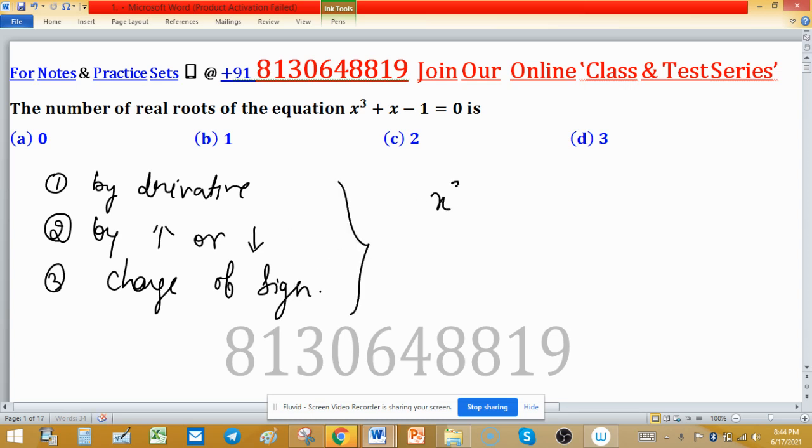So this equation is x cube plus x minus 1 equal to 0. Now the derivative of this equation is 3x square plus 1.